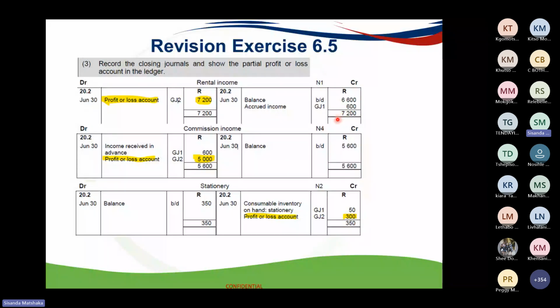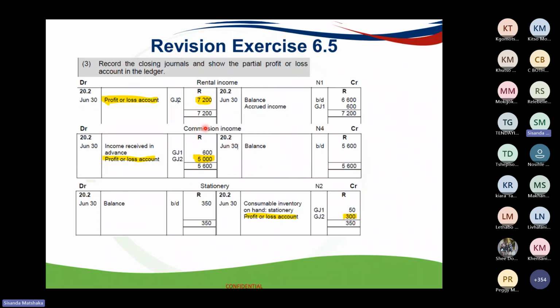And then to close off this account to your profit and loss, we need to debit this account to the profit and loss account by the same value, which closes off this account to zero. This typically happens at the end of the financial year, so that when you start the next financial year, you would have no balances relating to your nominal accounts or income statement accounts.